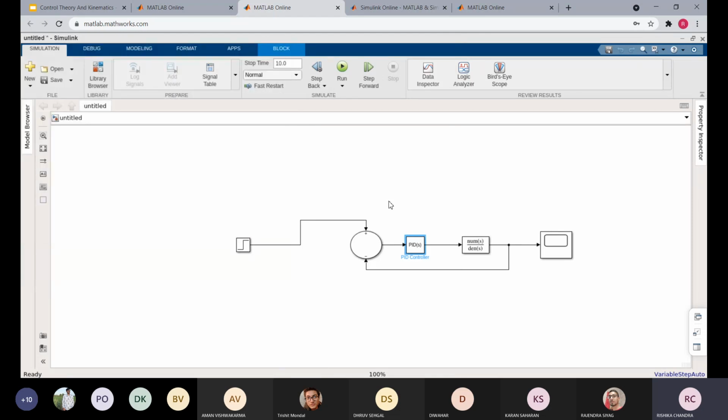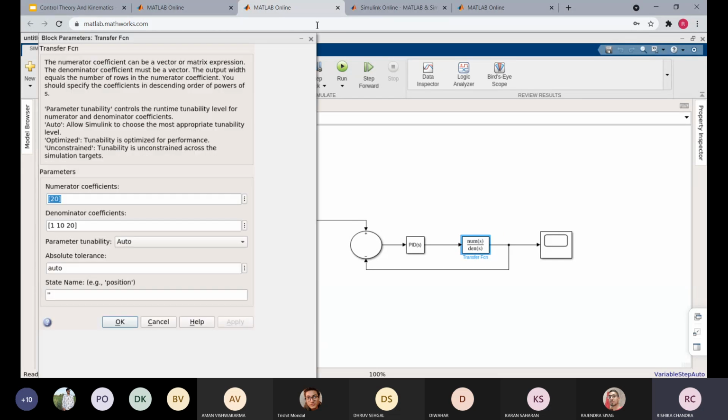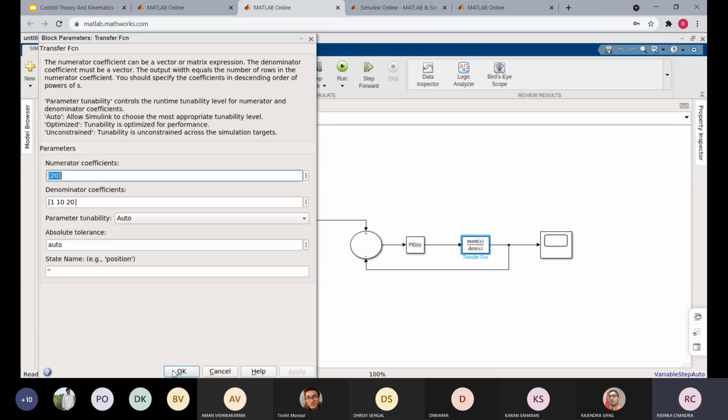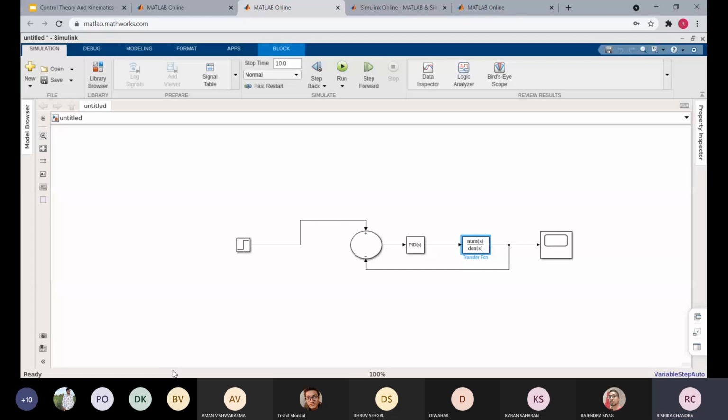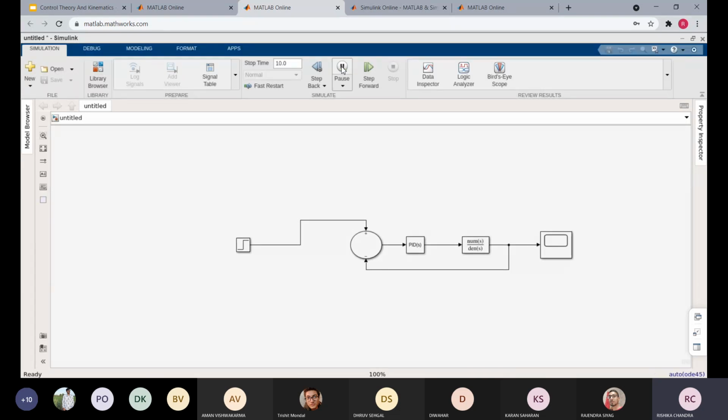Cool. Now let's run it. Yeah, so compilation completed. Now double click on the scope.